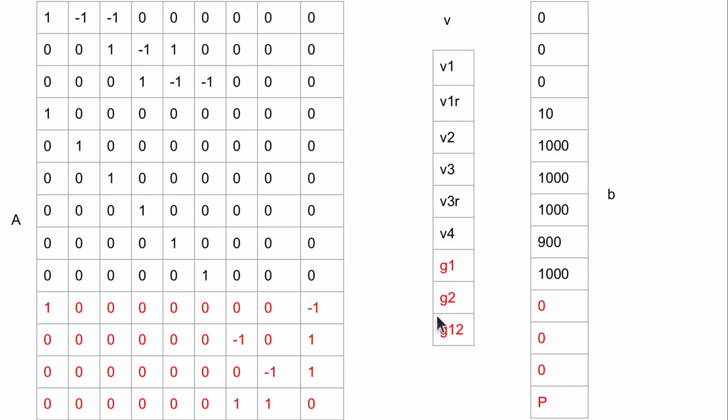So essentially our enzymatic constraint here is that G1 plus G2 has to be less than P. And so we do that simply by adding a row at the bottom here where we say G1 plus G2 less than P. Again, G12 does not enter into this because G12 is already limited to be less than both G1 and G2 individually.